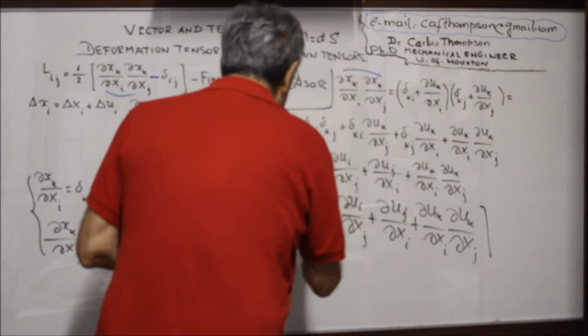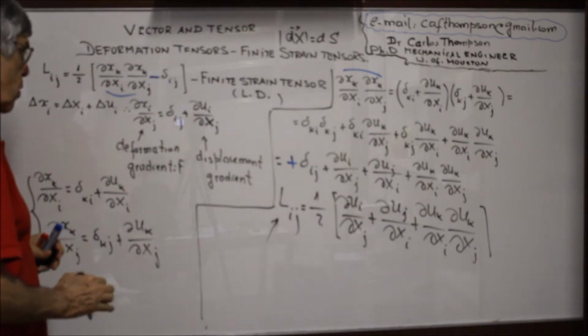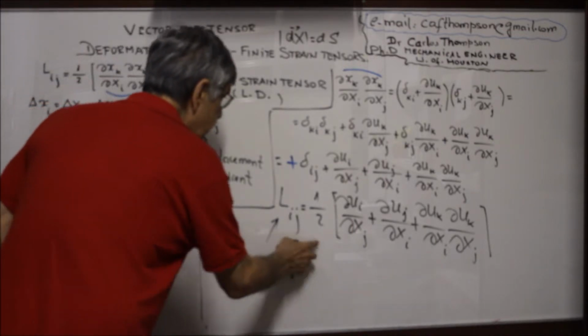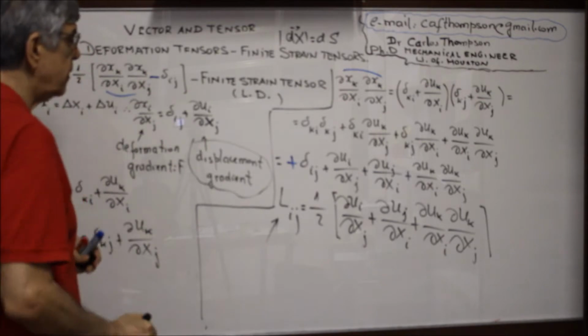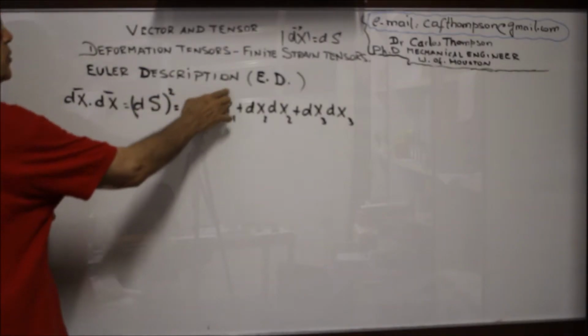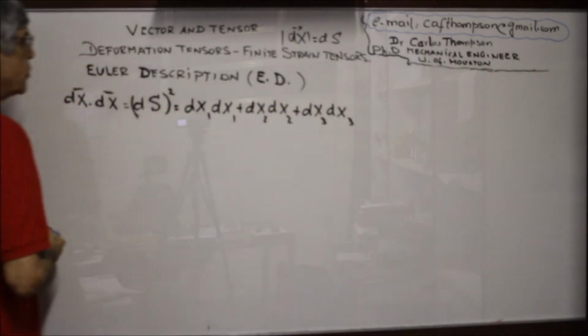This is the second order tensor, now written in terms of the displacement gradient. The other description of the deformation tensor, the finite strain tensor.